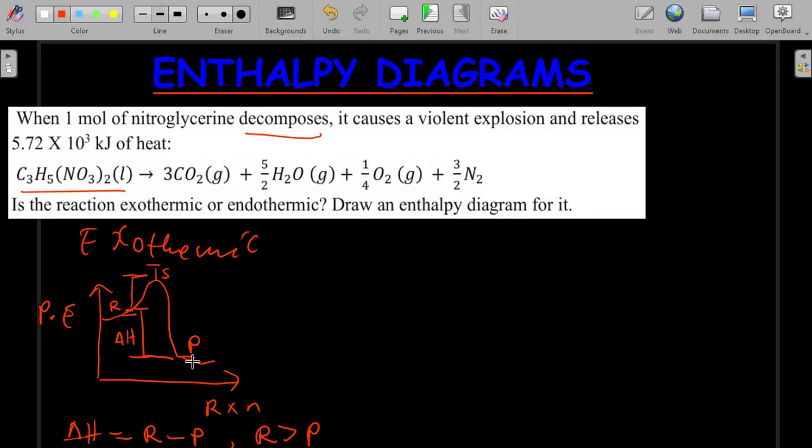This energy is called the activation energy. It's more like you have a mountain you need to climb. The amount of energy you need to climb that mountain is what we call the activation energy. So in this case, the energy we need to overcome from the reactants to the transition state is what we call the activation energy.